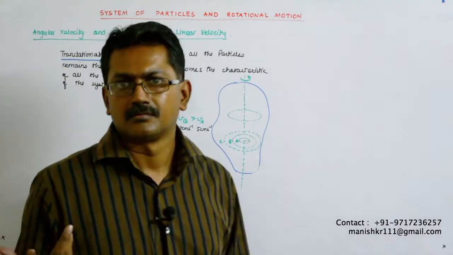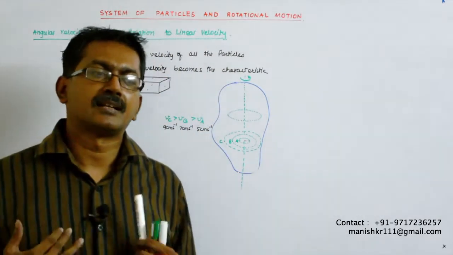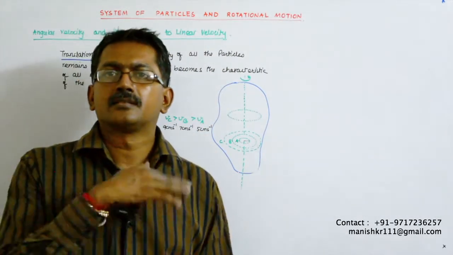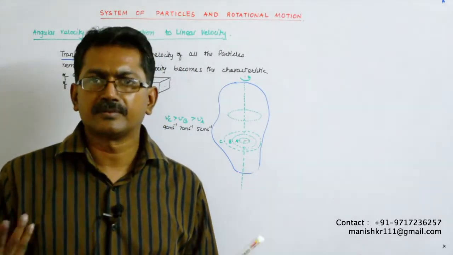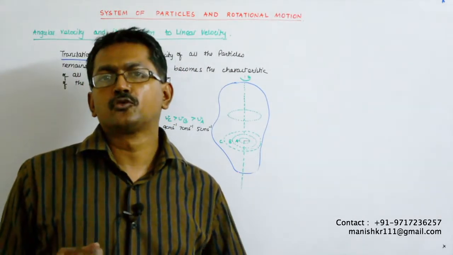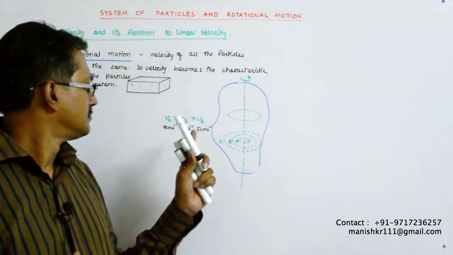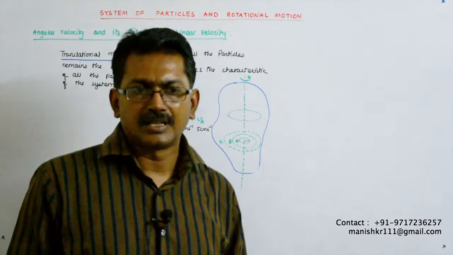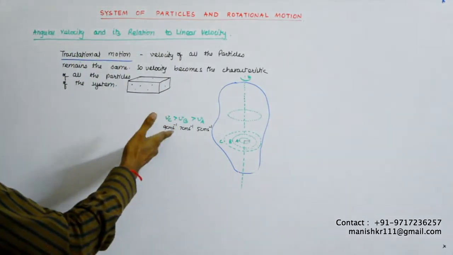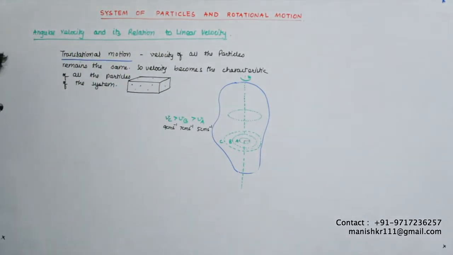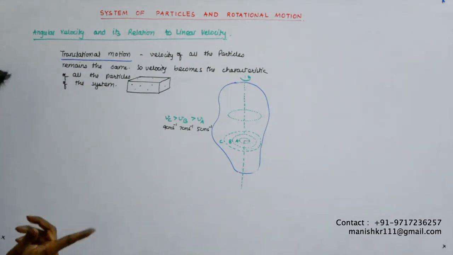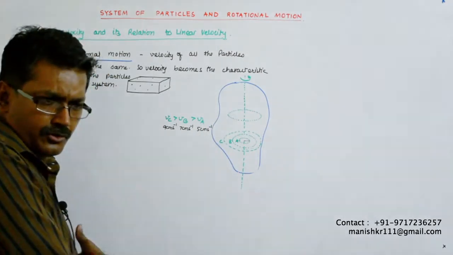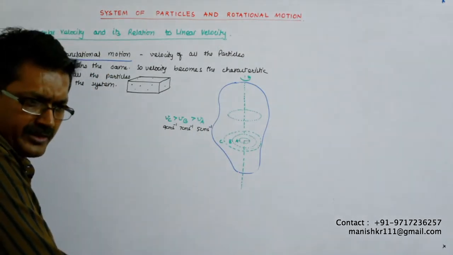Maybe the one that is 1 centimeter away is moving at 7, and in this proportion, 7 by 5 centimeter away will have this velocity, and 9 by 5, 1.8 centimeter away will have this velocity. The higher the radius, the higher the velocity, and it's just 2 pi r.